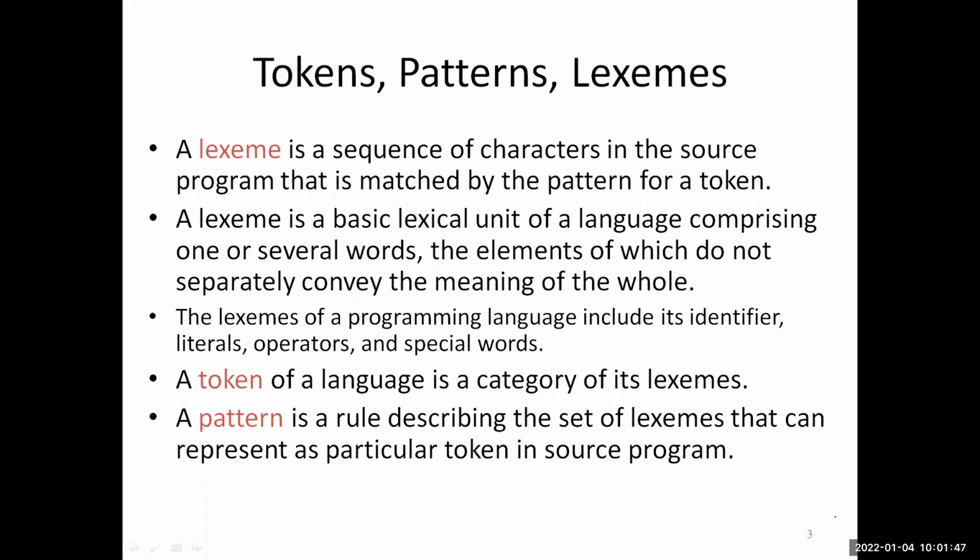If the pattern matches, then we have identified the token. Simple. So we'll stop here. Proceeding further, we'll have some examples on these three words and how they help us in identifying the elements. Okay, thank you very much.